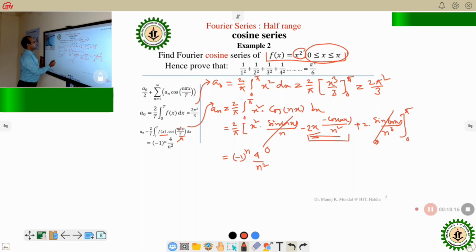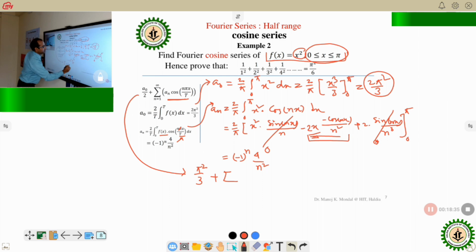Now what will be the series? We have to put here the series will be a0 by 2, that means a0 is this one, a0 by 2 will be pi square by 3, plus summation of minus 1 to the power n, 4 by n square, into cos nx.